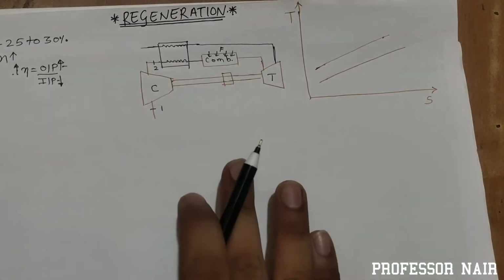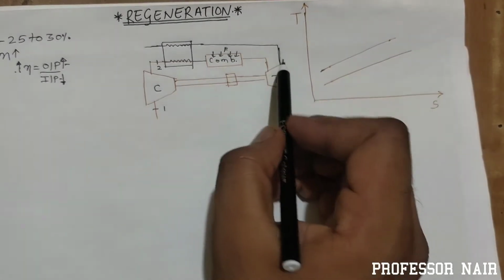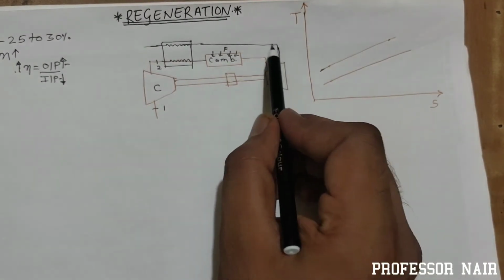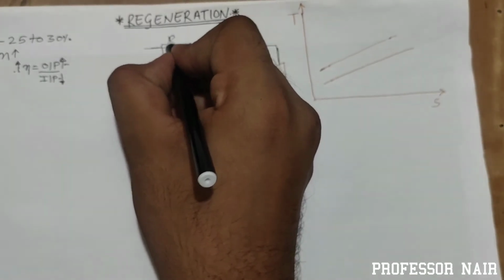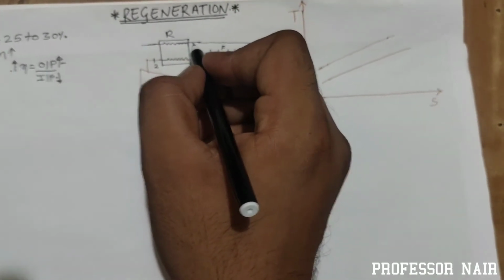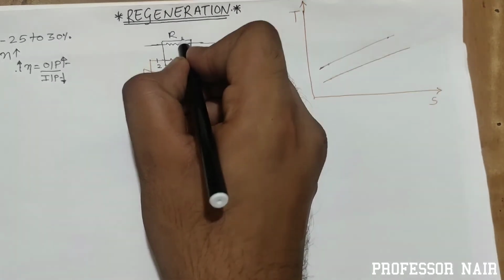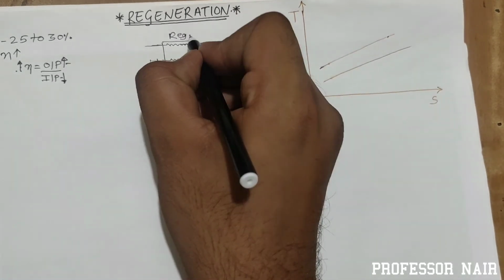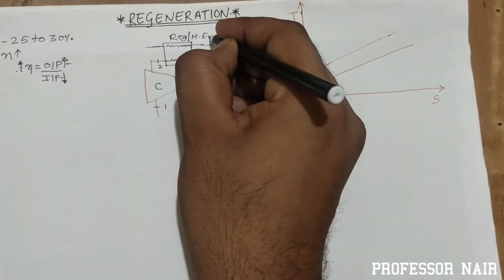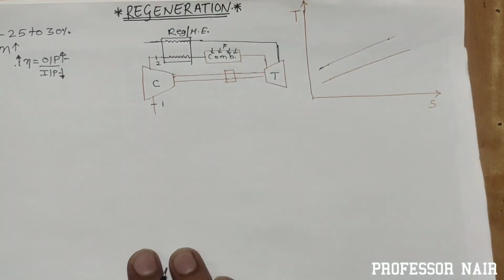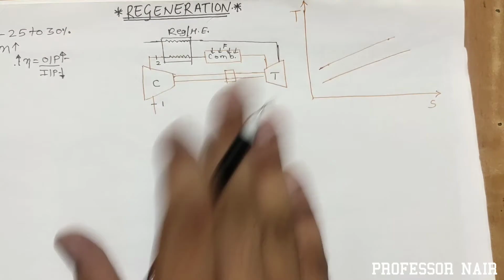So this is the system here. What I have done is the exhaust gas I am passing to this heat exchanger. So this is called a regenerator or heat exchanger. Okay, so we will study this cycle deeply.